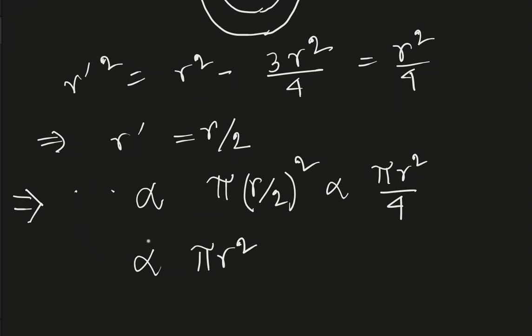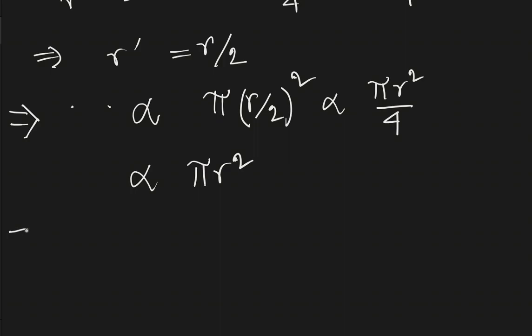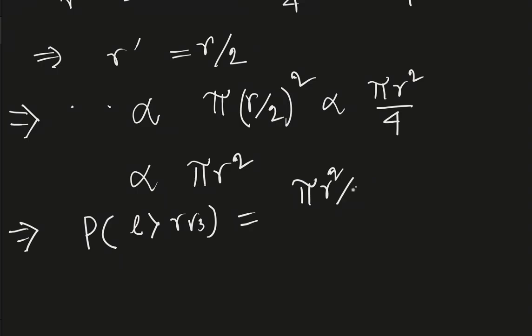So from the classical definition, the probability that we can draw a chord whose length is larger than r root 3 is pi r square by 4, the number of favorable events, divided by the total size of the sample space, pi r square.